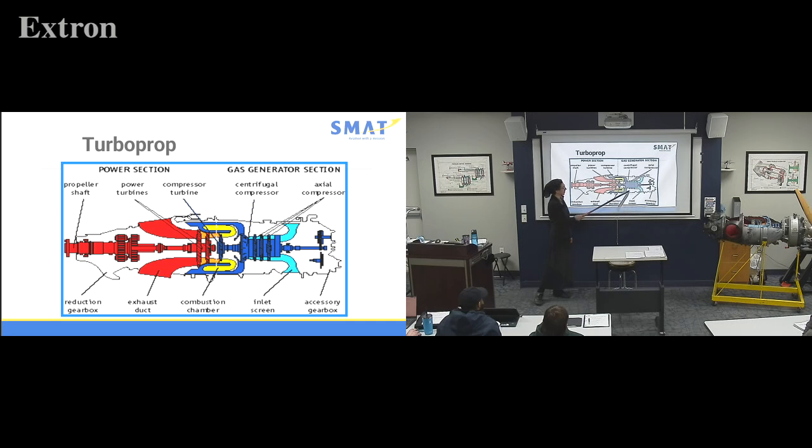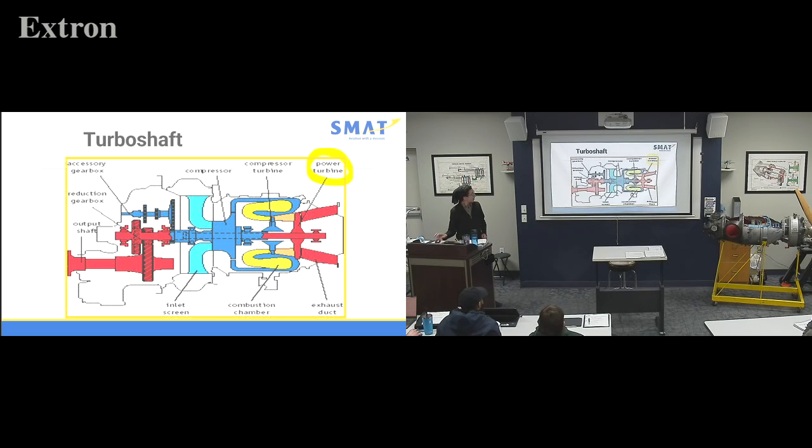section again, compressor and combustion, and then our power section with the turbine. So still have those sections, even though it might look kind of flip-flop. And then the turboshaft, and this would be for helicopters. Again, flip back the other way, inlet coming in through our compressor.